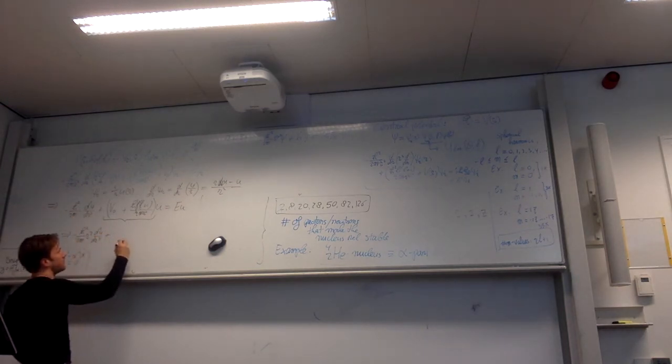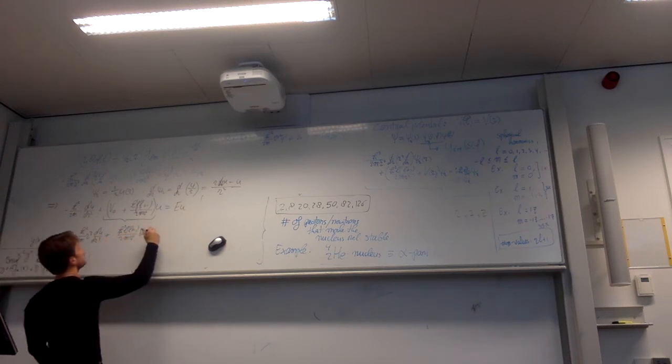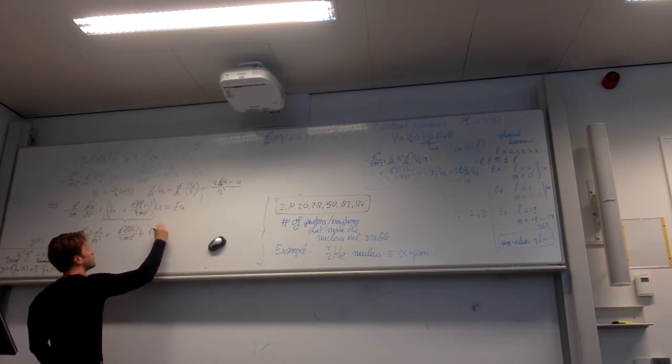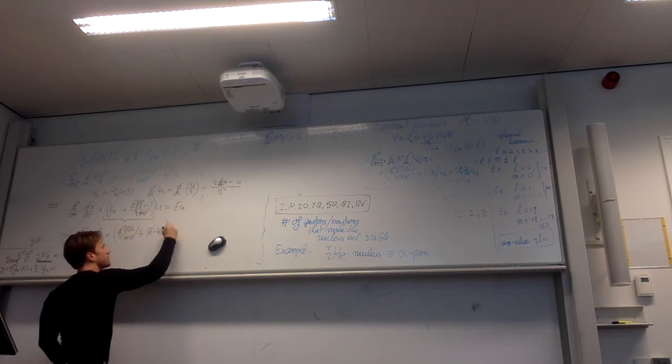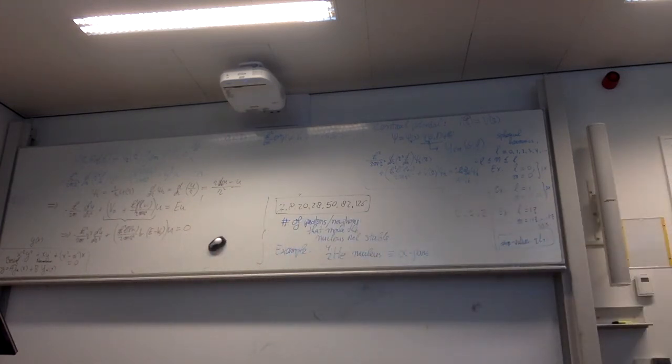Multiply everything by r squared, then I get h bar squared l(l+1) over 2mr squared minus... you agree? Multiplied everything by r squared, took the energy part in. No physics, just mathematics, just doing some rearranging.